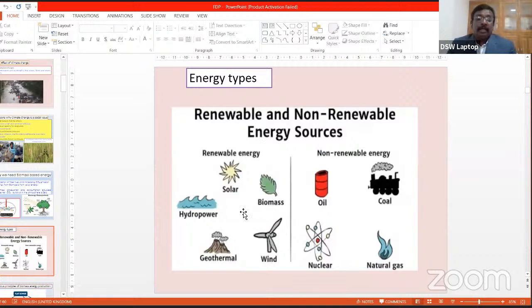Even though there are alternate energies like solar energy, hydropower, geothermal energy, and wind energy, these will not support decreasing the existing carbon dioxide in the atmosphere. These energy sources will not permit carbon dioxide to accumulate, but the existing carbon dioxide remains in the atmosphere.